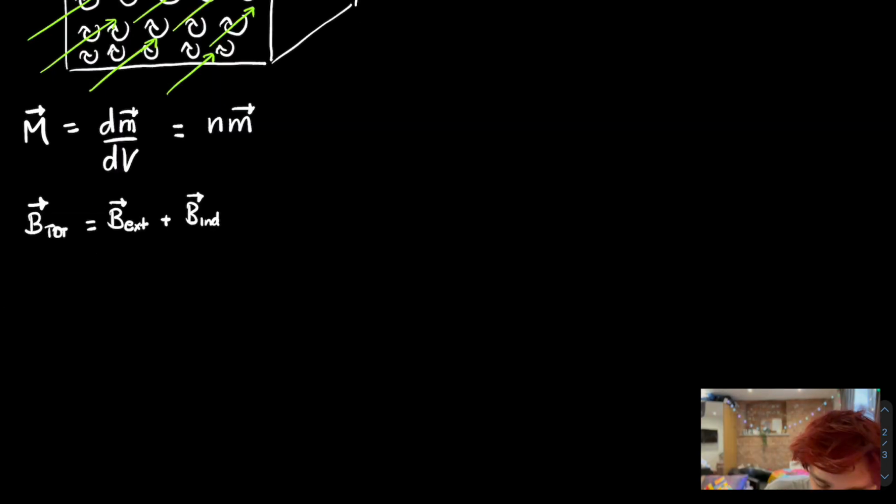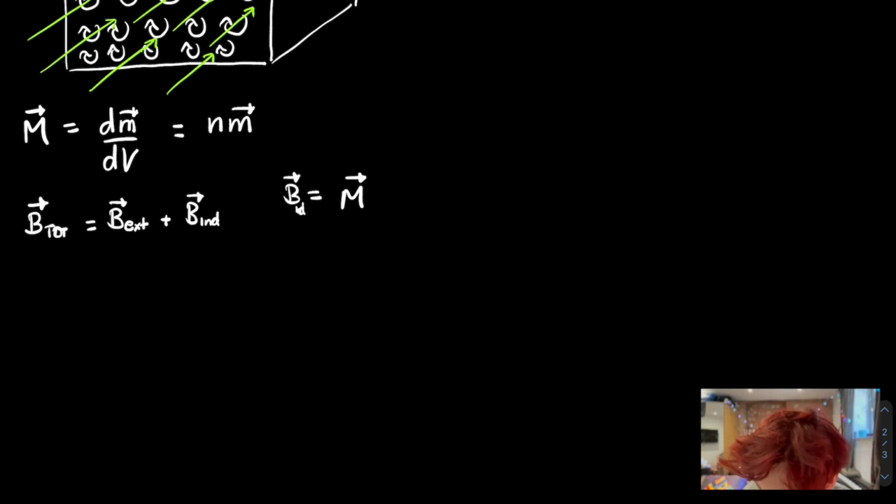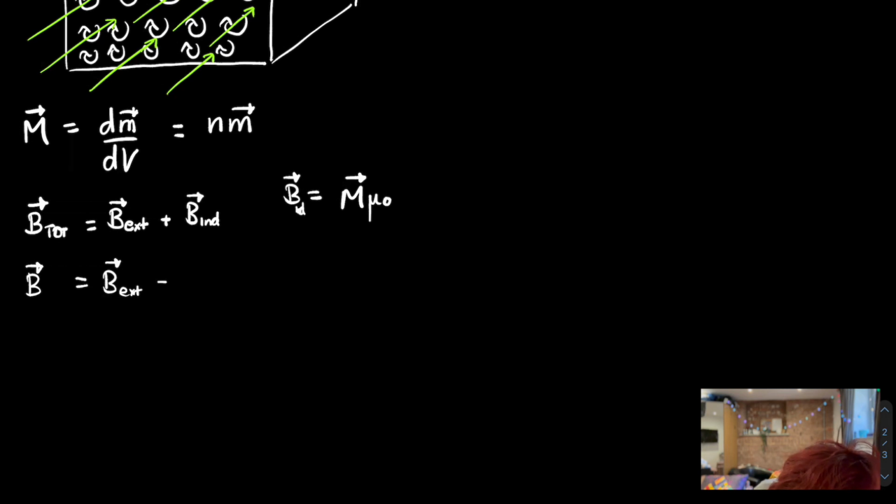But we know that any magnetic fields that arise from the magnetic dipoles in the solid are of course characterized by a magnetization M. So we say that the induced magnetic field is the same as the magnetization M. And to keep the units correct, we actually multiply by mu naught, the permeability of free space. So we can say that the total B field is equal to the external B field plus mu naught times M.